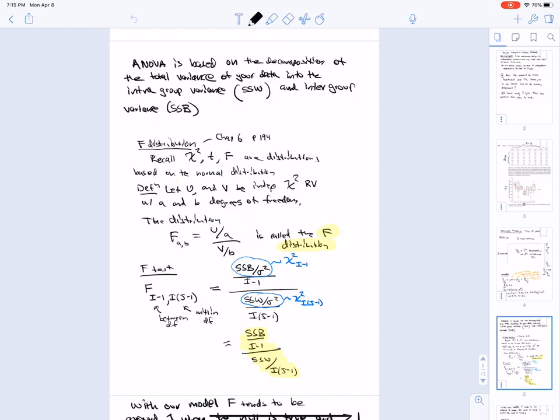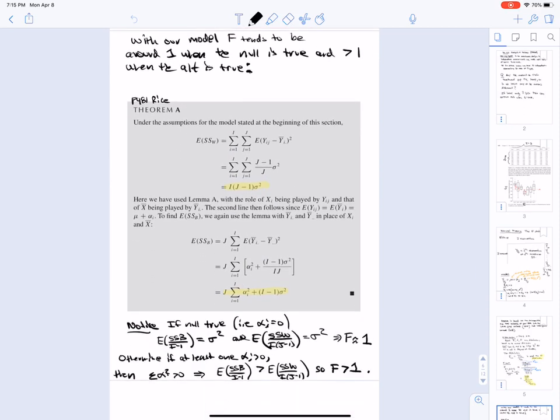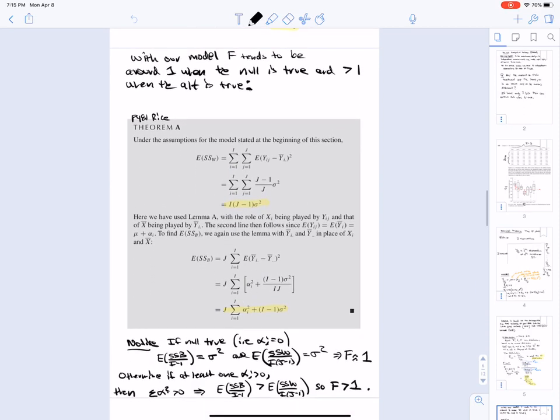Now, the way to interpret this is coming from the following theorem in your book. Essentially, on average, the SSW is I times j minus 1 sigma squared. And on average, SSB is j times the sum of these differential treatment effects plus I minus 1 sigma squared.